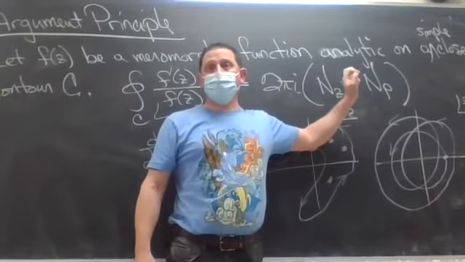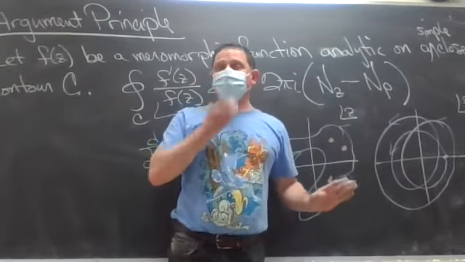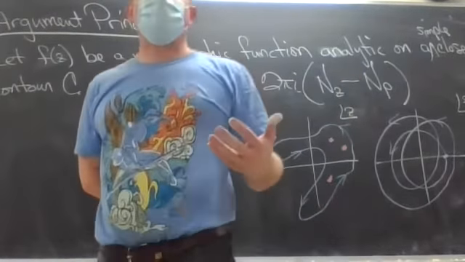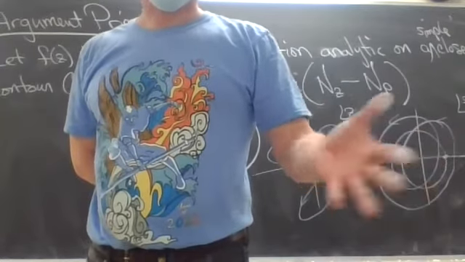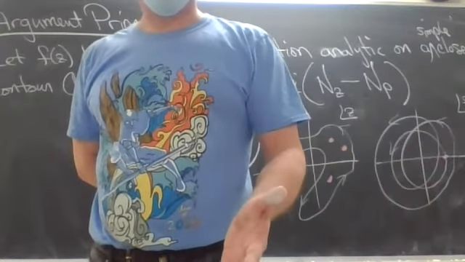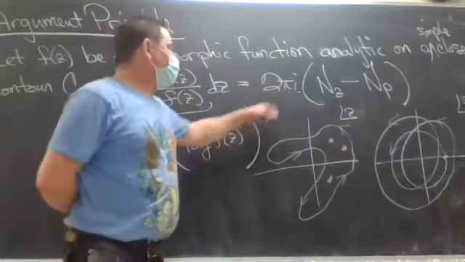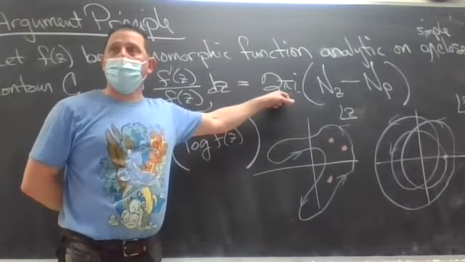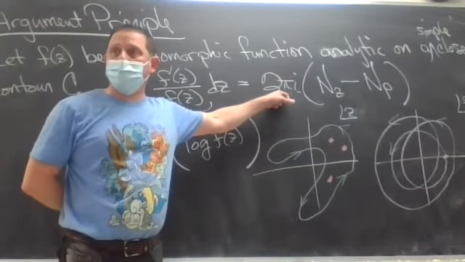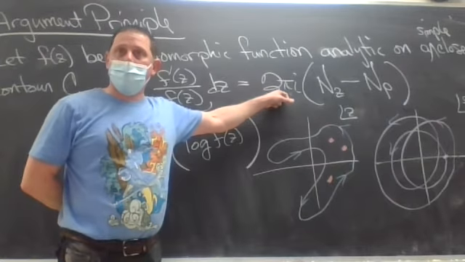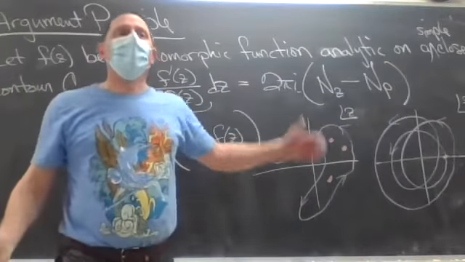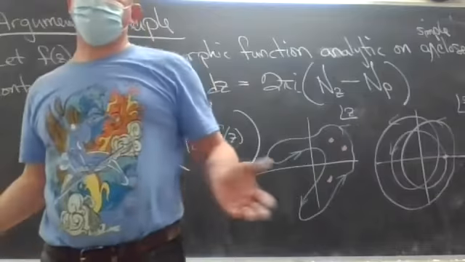All right? But this can be used very effectively to count the number of zeros in a given function. It can only change by a whole number of multiples of 2 pi i. So I can compute it numerically, and I can't be off by 0.0001.